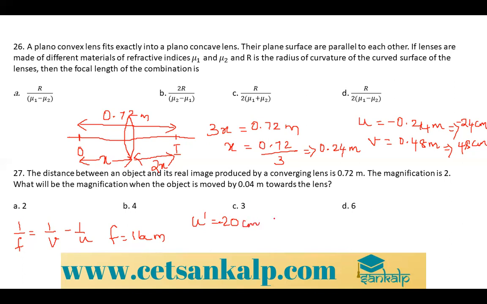So now what do we have to find? v dash. So 1 by f is equal to 1 by v dash minus 1 by u dash.